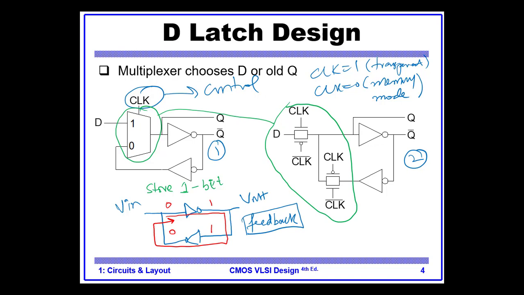This circuit we have studied in the previous lecture, that it is a multiplexer circuit with transmission gates. So this is just the multiplexer circuit and the feedback. So this is our D-latch.